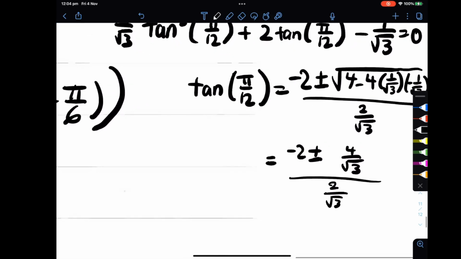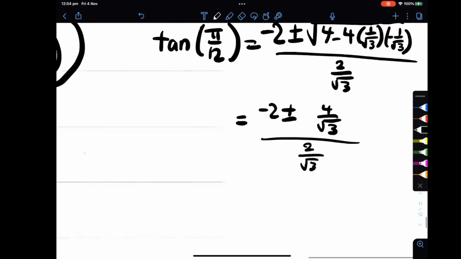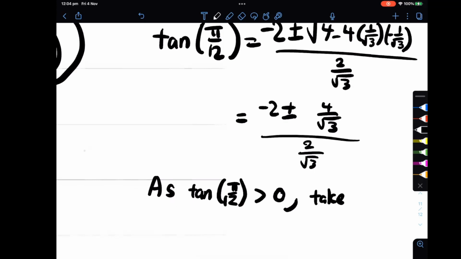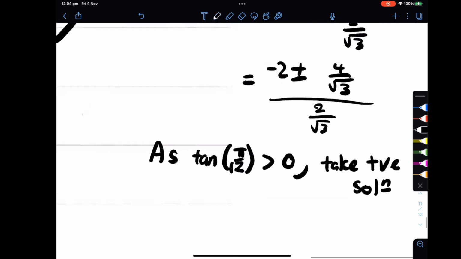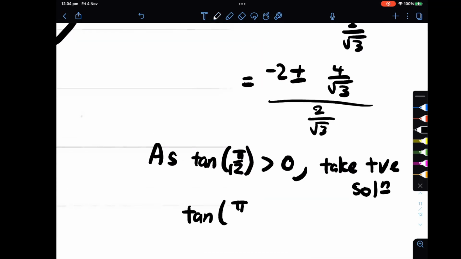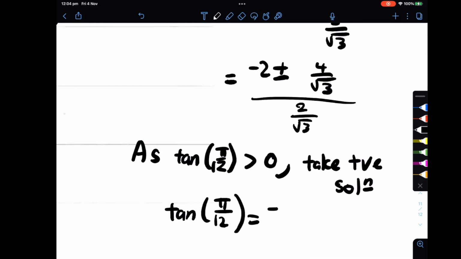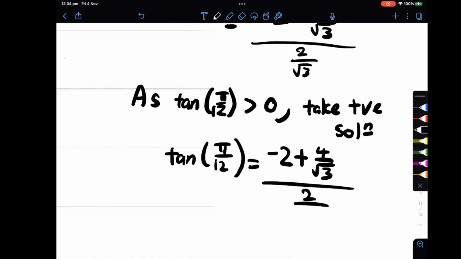Now another thing to notice is tan of pi on 12 is positive, so we only take the positive solution. We don't care about the plus or minus. So therefore, tan of pi on 12 is going to be negative 2 plus 4 on root 3, all over 2 root 3.